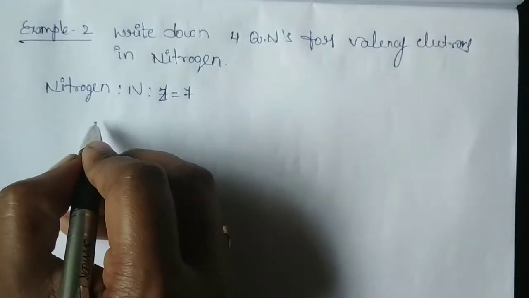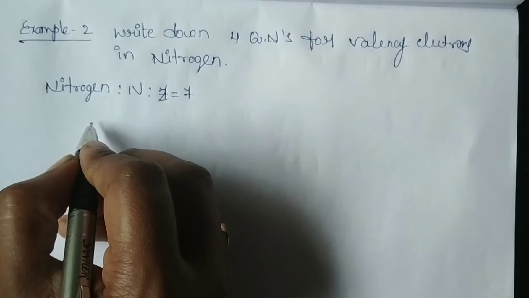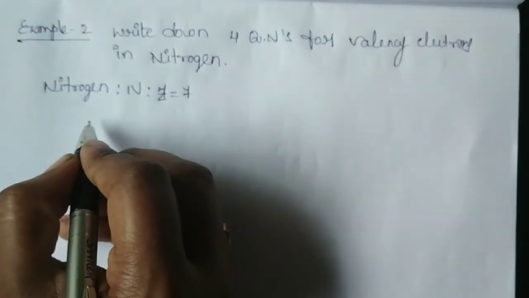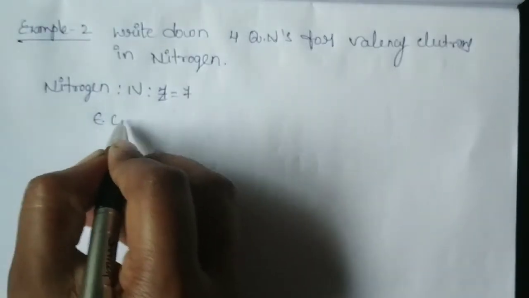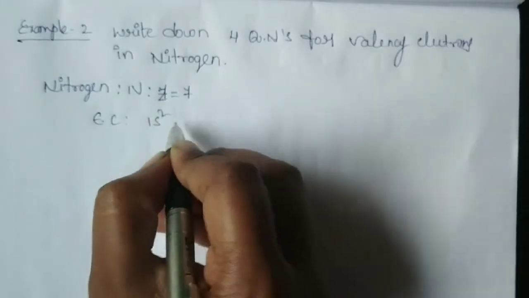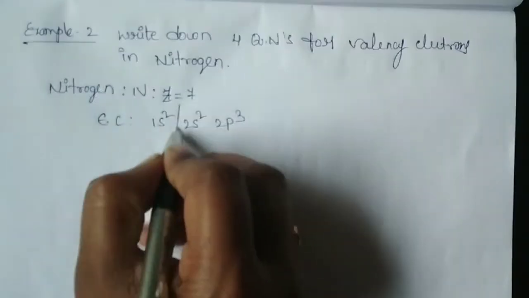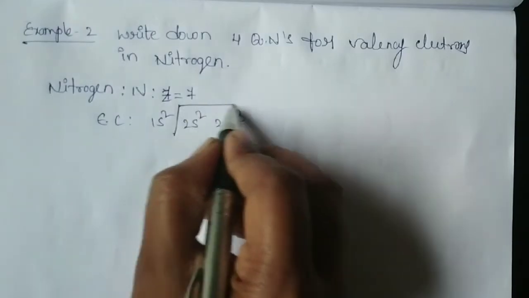The electronic configuration of nitrogen is 1s2, 2s2, 2p3. Here 2s2, 2p3 is the valency configuration.